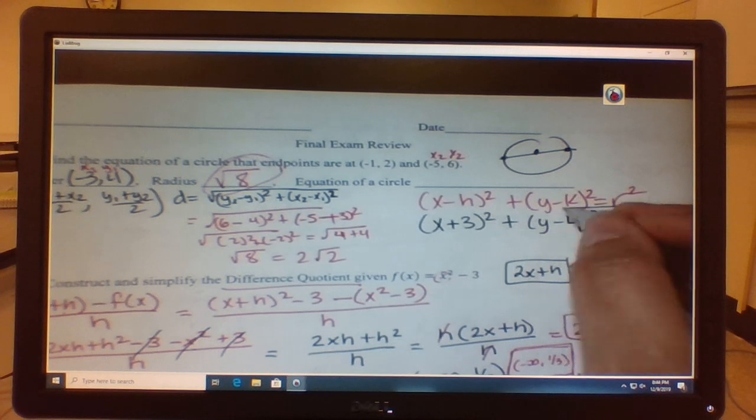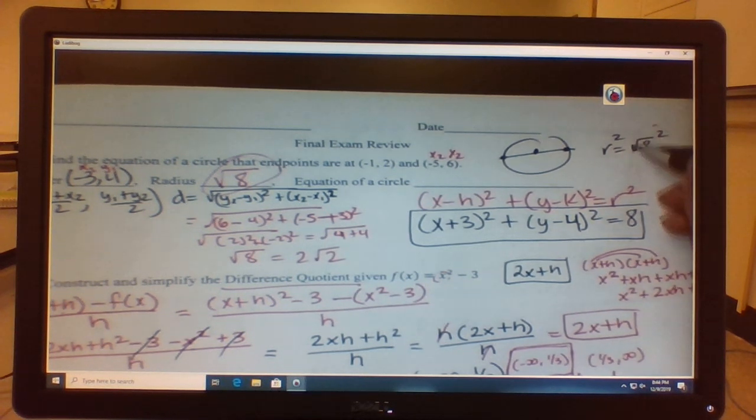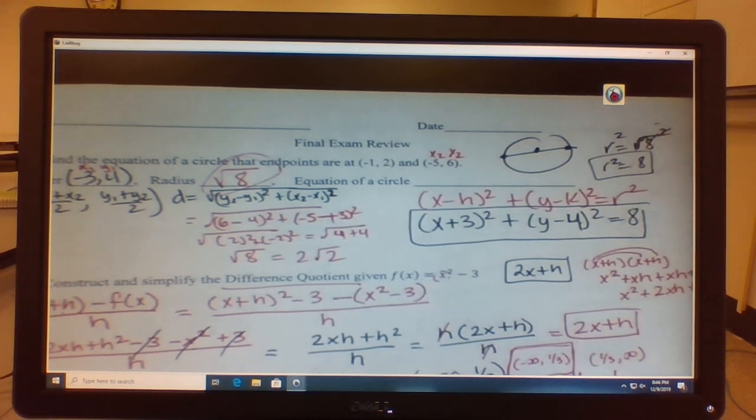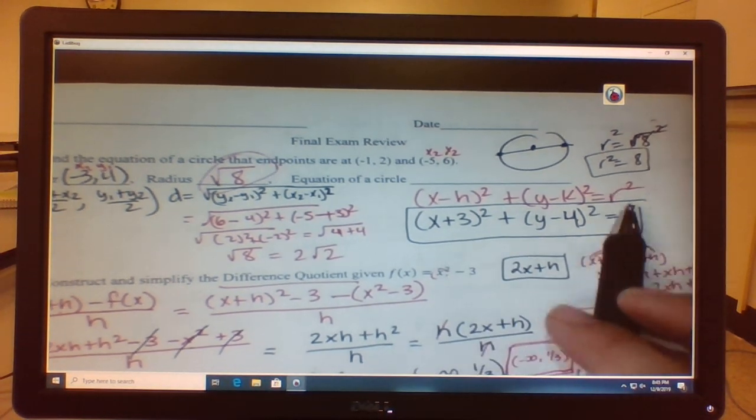Just an 8. Because r is the square root of 8, if I square this, the square root and the square cancel, and the answer is r squared equals 8. That has to be r squared.